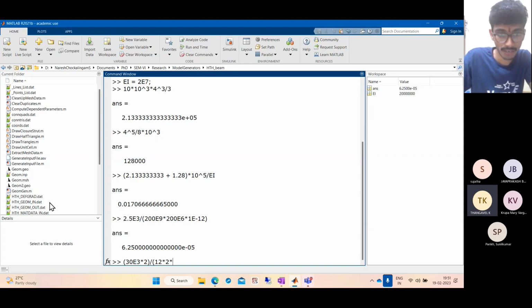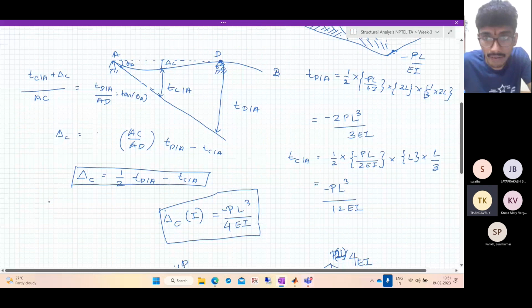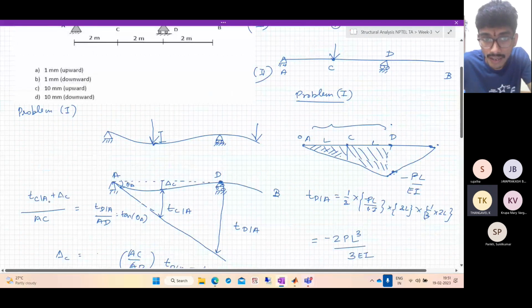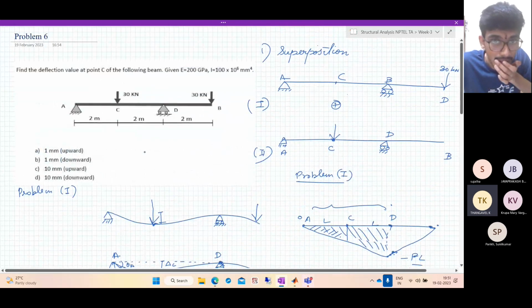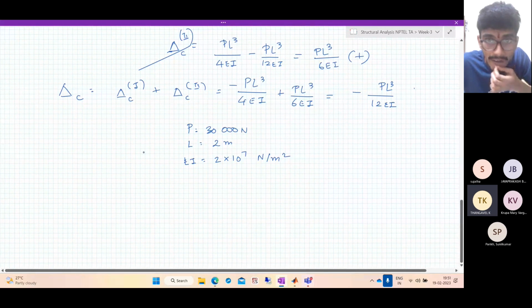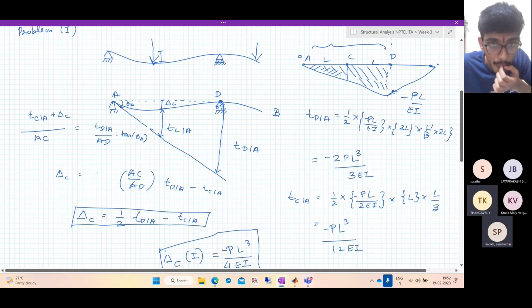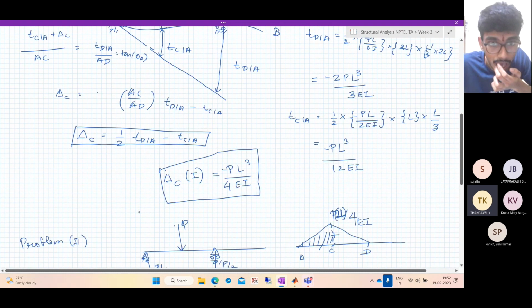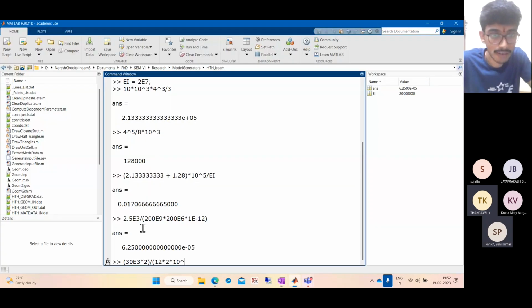EI is 2 into 10 power 7. Two cube is 8. So by 12 into 2 into 10 power 7.